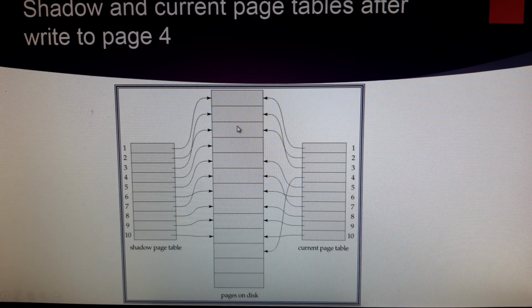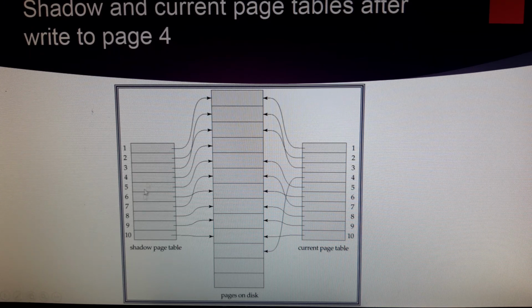Here in this case, observe whether it failed or not. The simple best example is that for every current page table, a shadow page table will be created. If the current page table is pointing to the disk, and similarly the shadow page table is also pointing to the disk, it means both are updated. Updated means the data is properly committed, so the transaction is properly updated on the disk and changes are done in the disk.